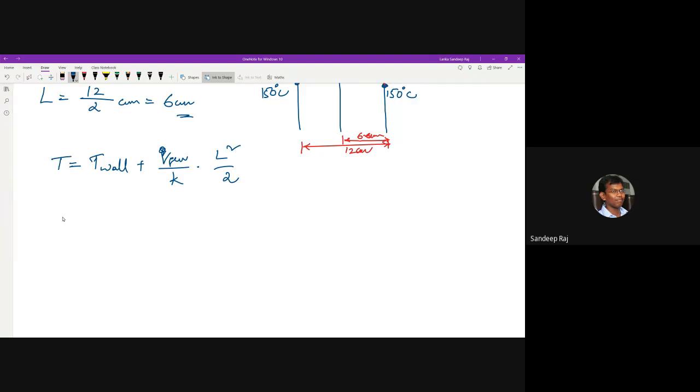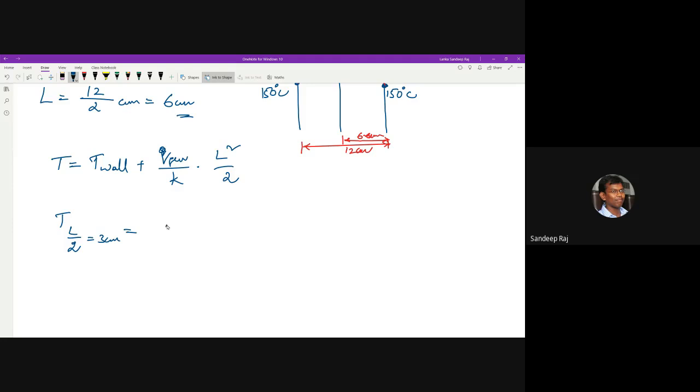So I should get T at x is equal to L by 2. L by 2 means 3 centimeters. I have to substitute now.